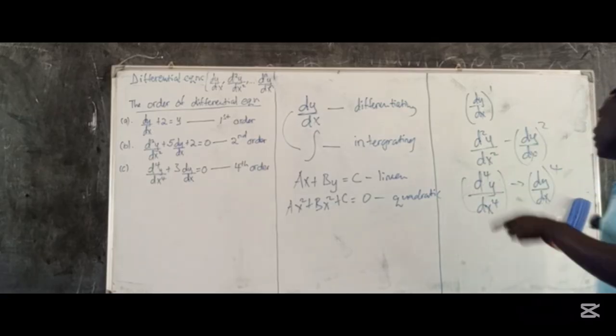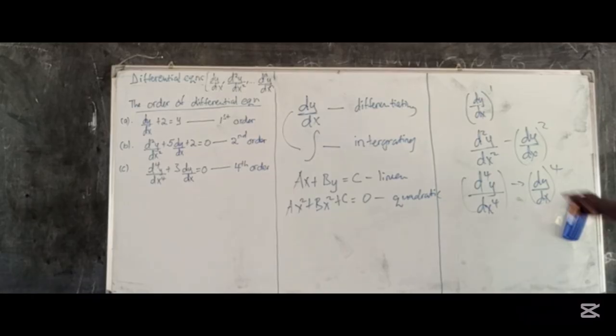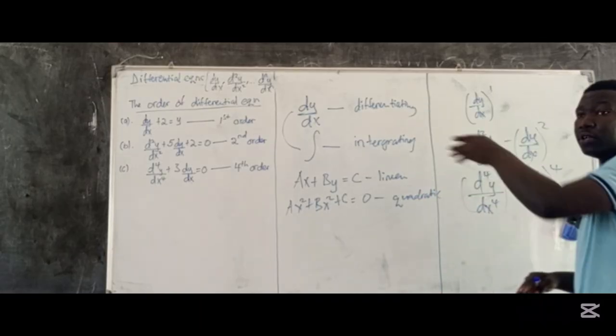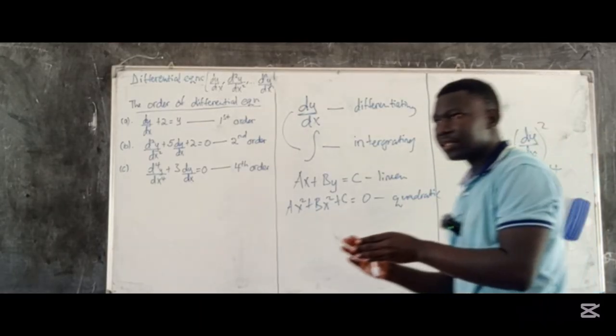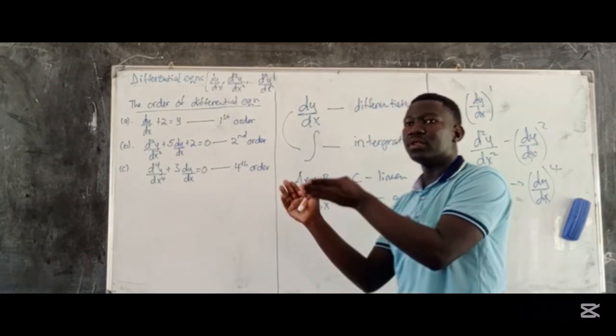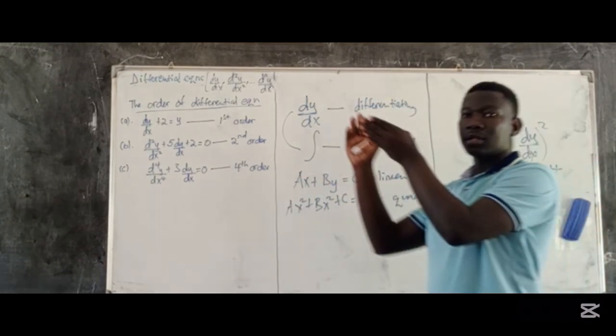So whenever we are differentiating and we are using dy/dx, all our equations follow orders. Yes, and when I say orders, we take the dy/dx part with the highest power.